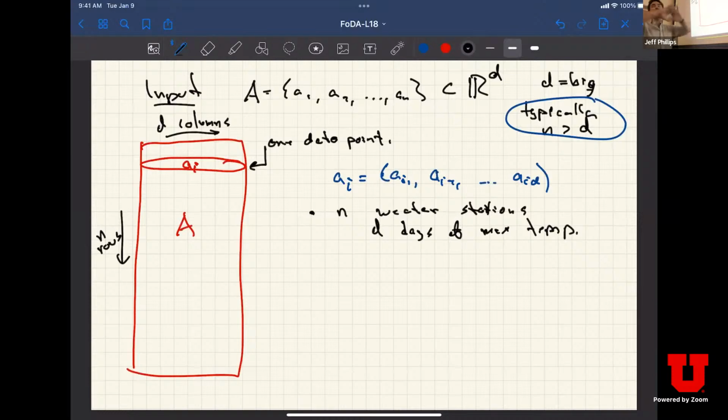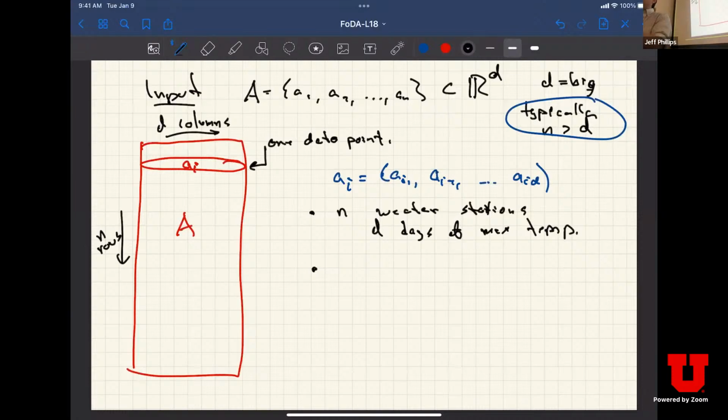So I have a whole bunch of n weather stations, and there are d days, and each day I collect the maximum temperature. Okay, this would be an okay data set to work on. And I say, well, over the d days there's some pattern, and I want to find some reduced representation of these patterns.